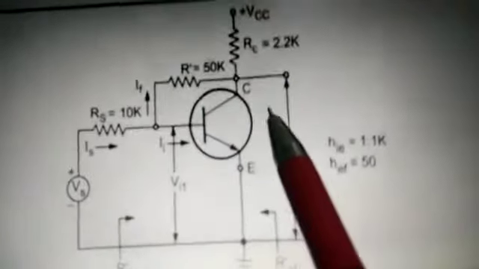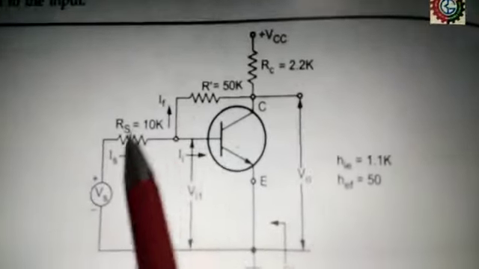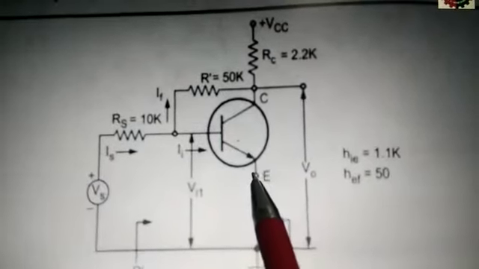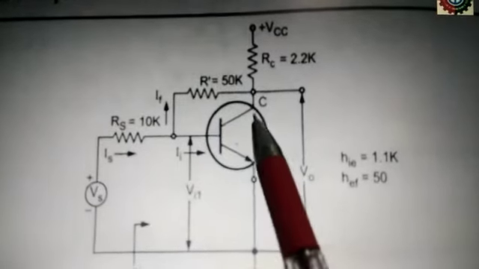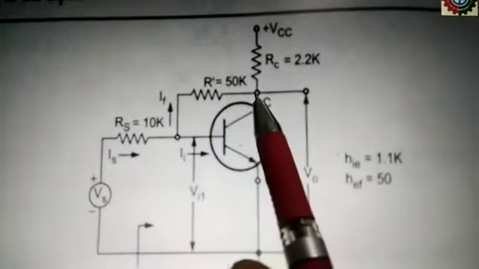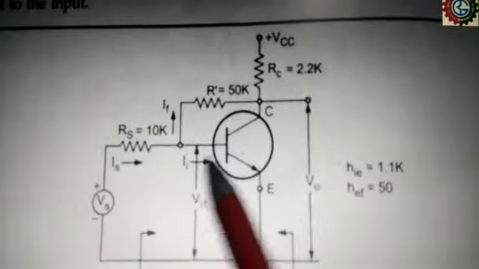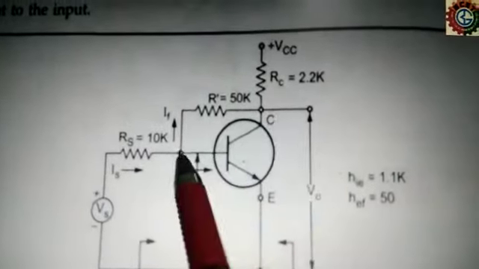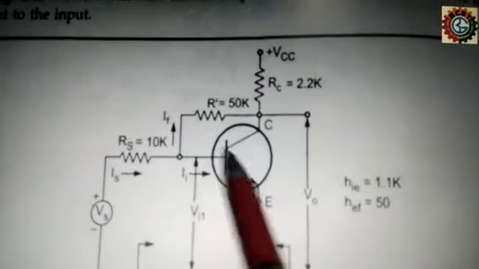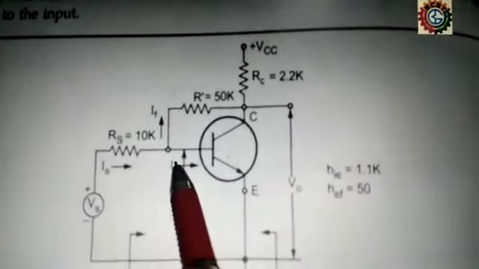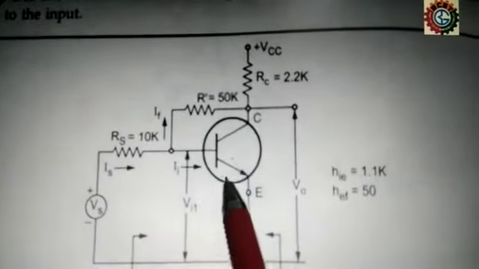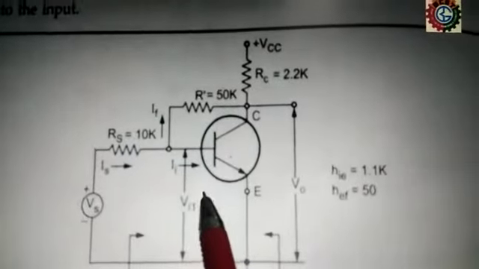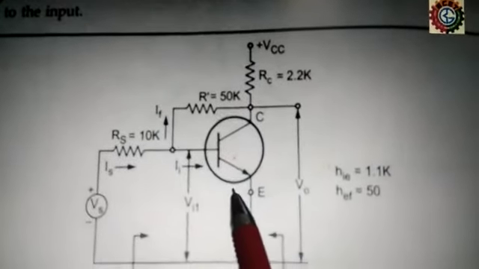If you look at this circuit properly, you can find this is a common emitter amplifier with collector to base bias. This is the collector and this is the base. So here the resistance is connected between collector and base. This is called common emitter with collector to base biasing. And hence this circuit is treated as a voltage shunt feedback circuit.